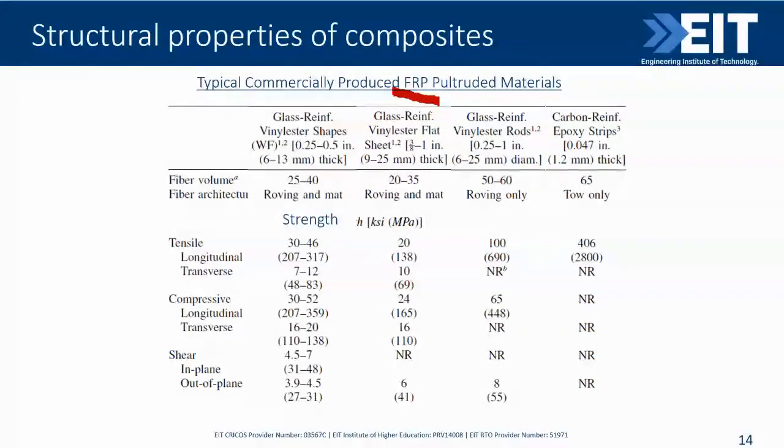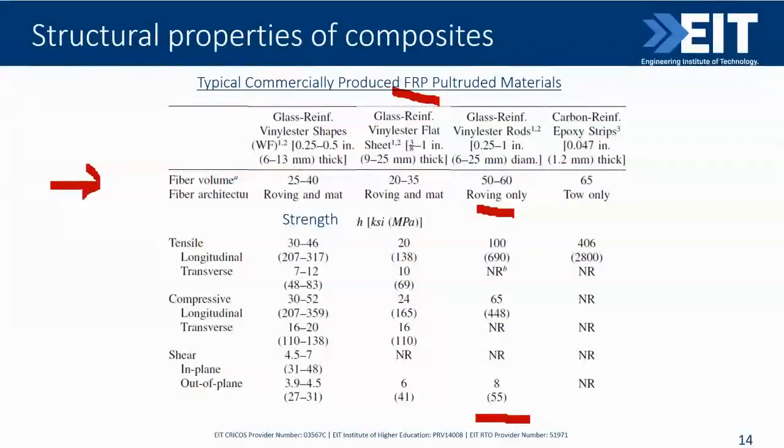And when we look at the properties, we can clearly see that the fiber volume is the most critical one. When we increase the fiber volume, we surely see the best properties in this column. Right.